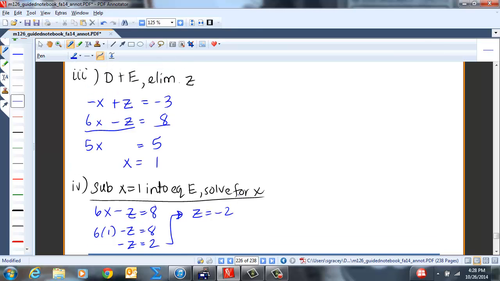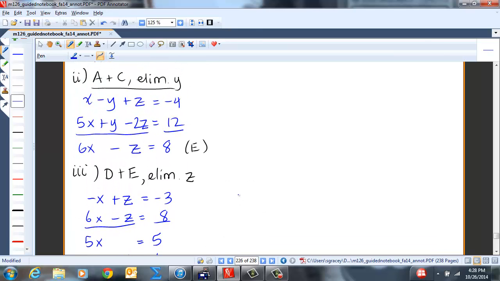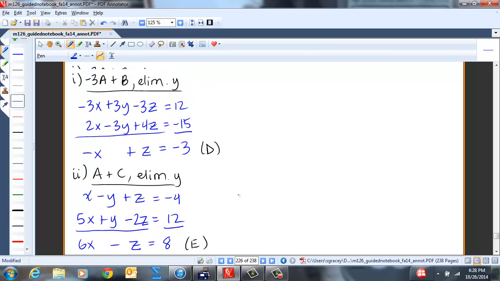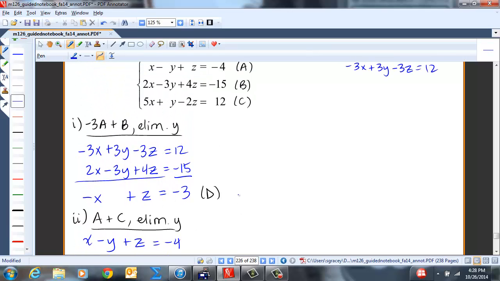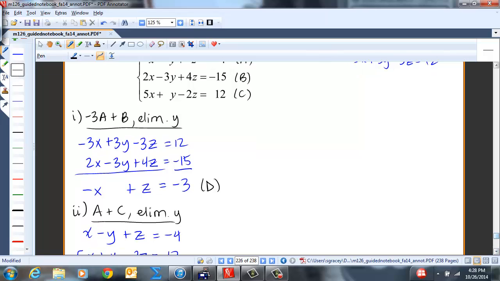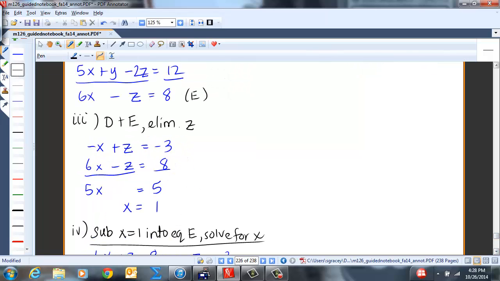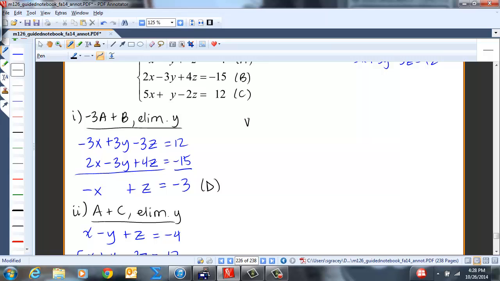So now what we'll do is we'll substitute what we found for x and for z into, how about equation A? So what step were we on? 4. So now we'll be on 5. So we're going to substitute x equals 1 and z equals negative 2 into equation A, and we'll be able to solve for y.